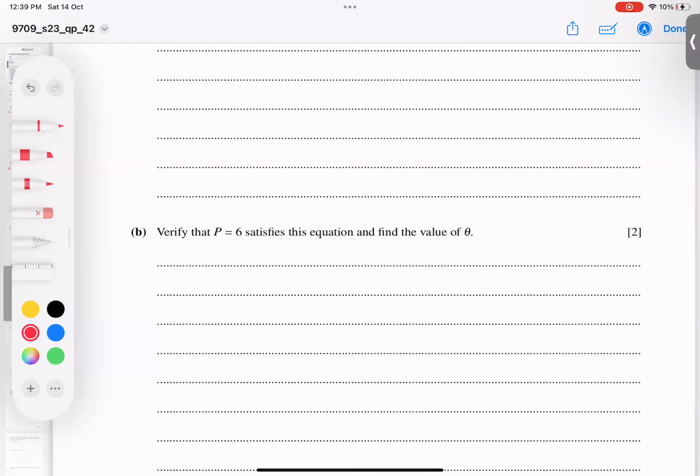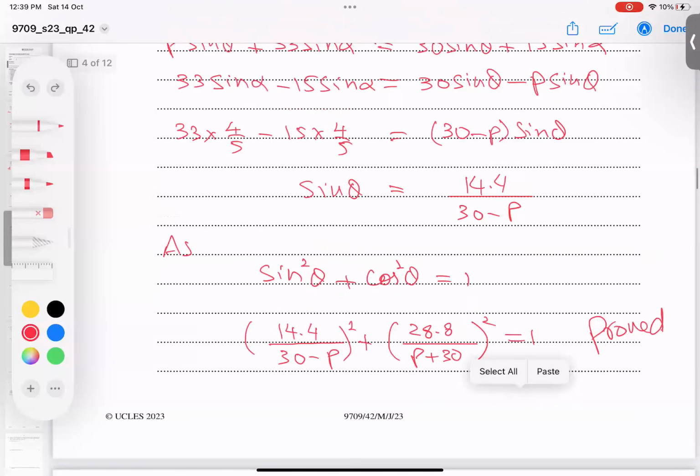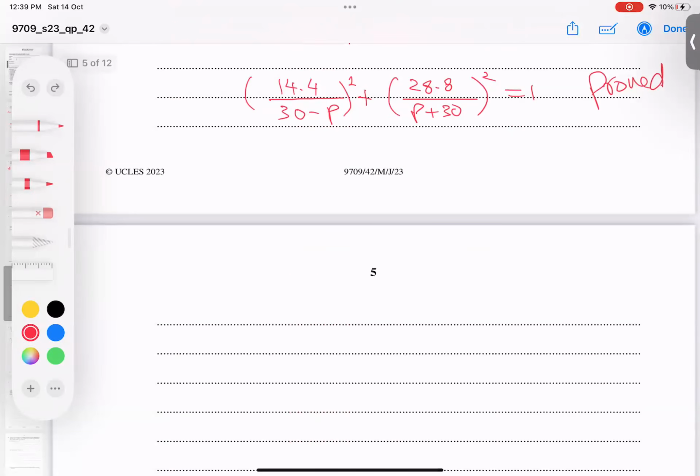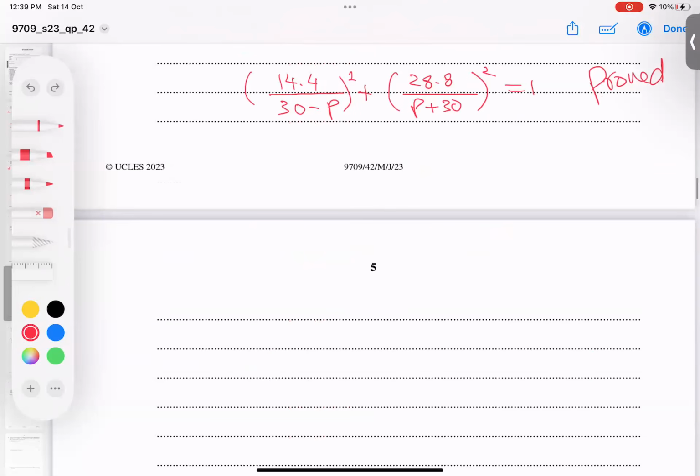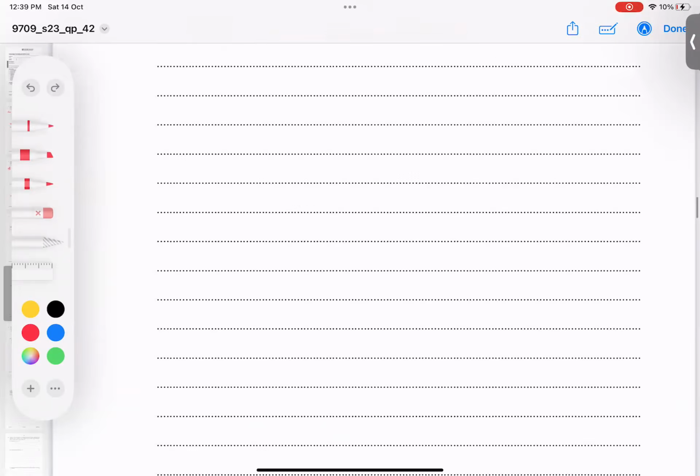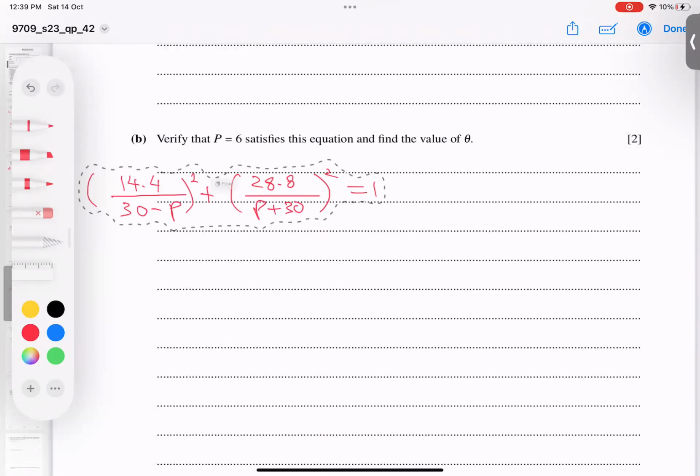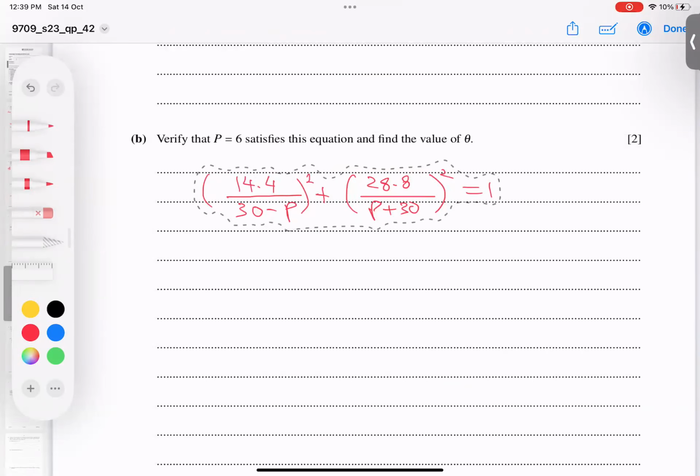He is asking here to verify if p equals 6 satisfies this equation. Number 2, find theta. So what I will do is replace p with 6 here and 6 here, and it must get a 1. So I am typing this equation here and putting p equals 6.